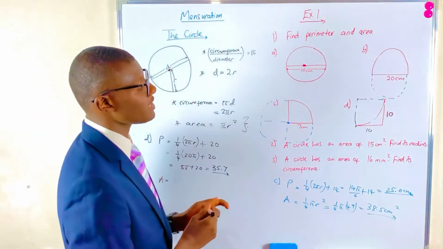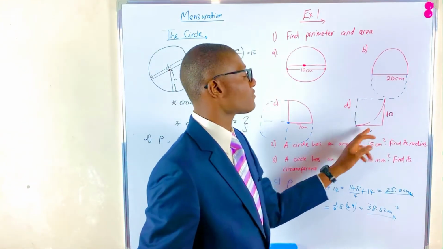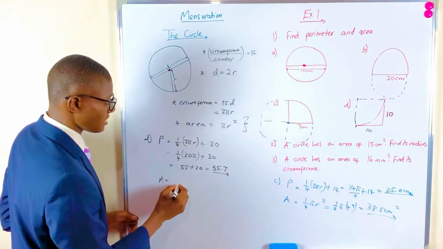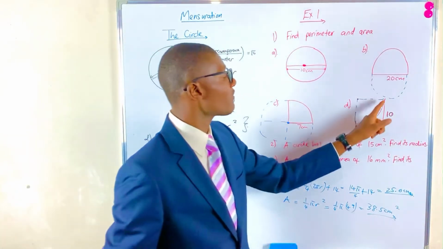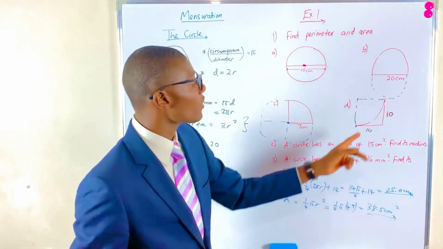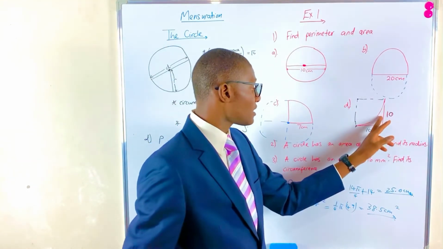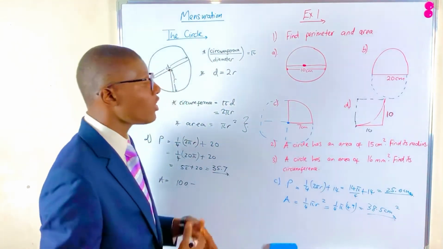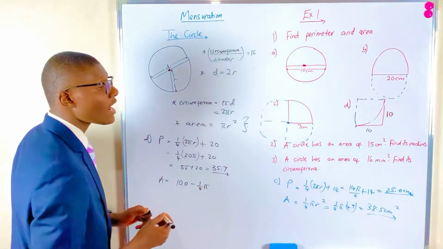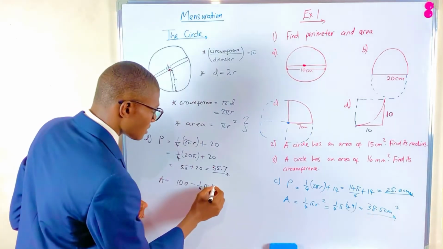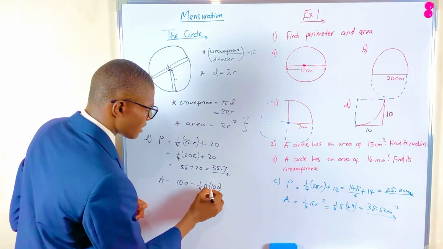Then the area now is simply saying that if we calculate the area this way, it will be 10 times 10, which will give us 100. Then we subtract it from the area of this quadrant or a quarter of a circle, we get this area, right, of the shape that we want. So we shall say minus 1 over 4 pi r squared. R squared, that's 10 squared, which is 100.